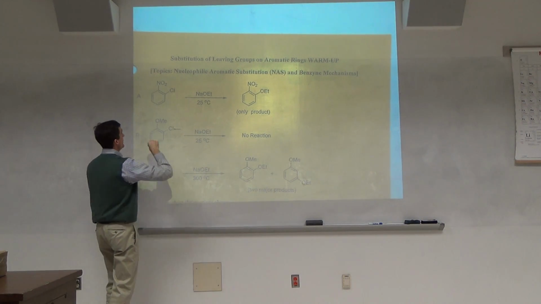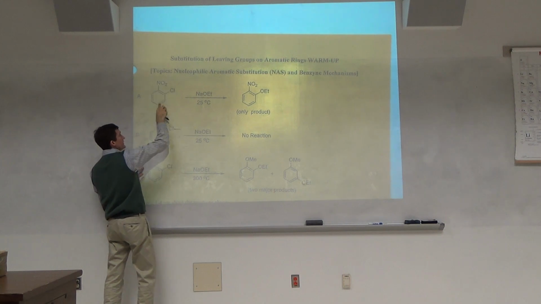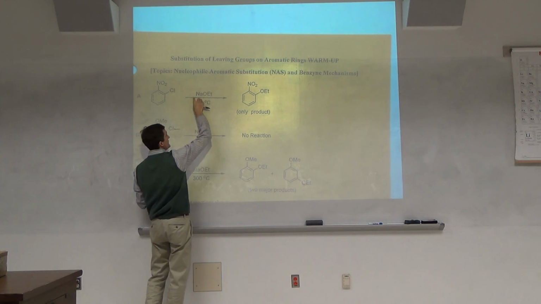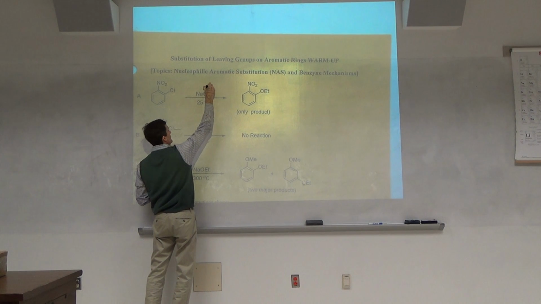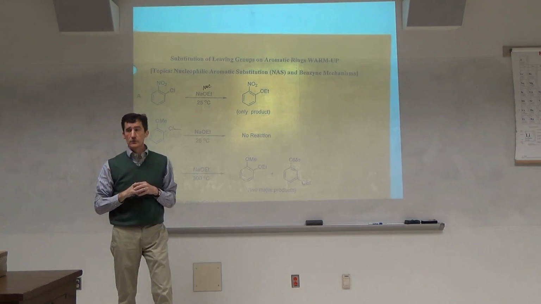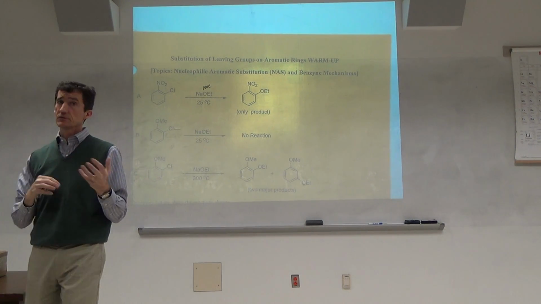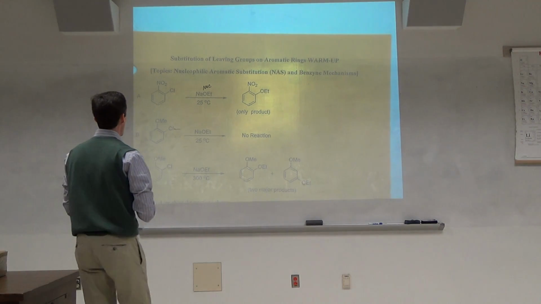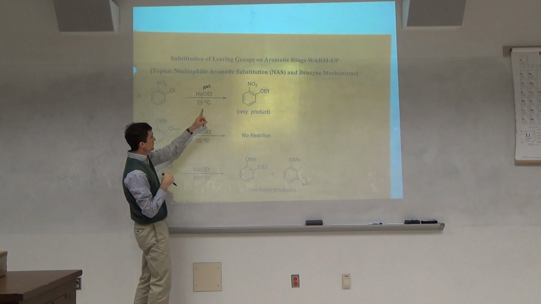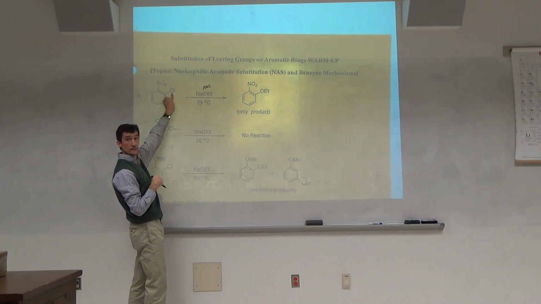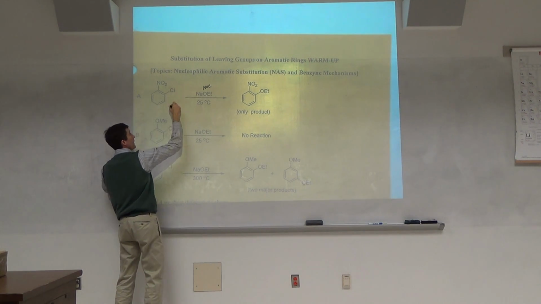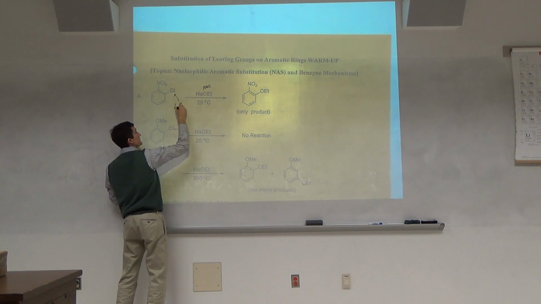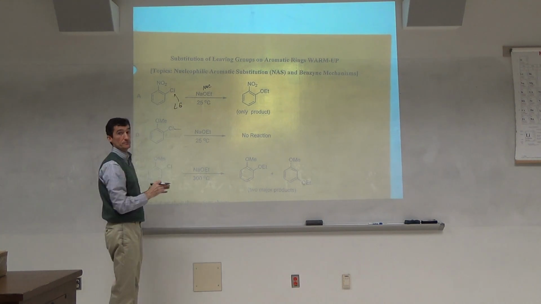There's a little warm-up. For example, if you have this compound here, we can react with this nucleophile. Hopefully you can distinguish between electrophiles and nucleophiles pretty much at this point. And the nucleophile replaces the chlorine. So we can label this as what? A leaving group. Everybody willing to consider that as a leaving group?